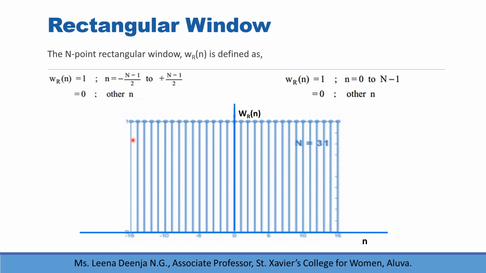For minus 14 also it is 1, minus 13 it is 1, up to plus 15 we can see that w_R of n equals 1. But in between minus 15 and minus 14 its value is 0. In between minus 14 and minus 13 its value is 0. So this represents a rectangular window.